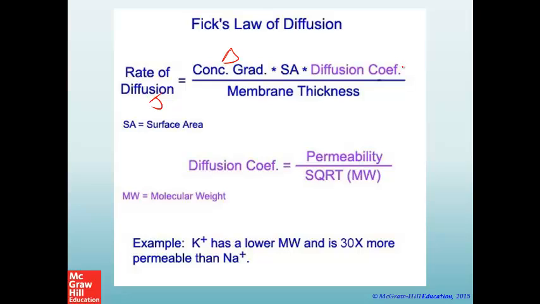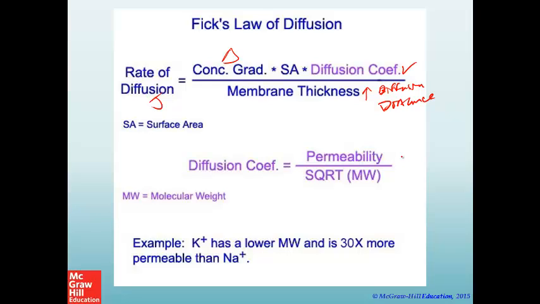The diffusion coefficient, which is going to be different for different molecules, and that's going to be over the membrane thickness. So as the membrane thickness, or the diffusion distance, increases, the rate of diffusion decreases, and vice versa.